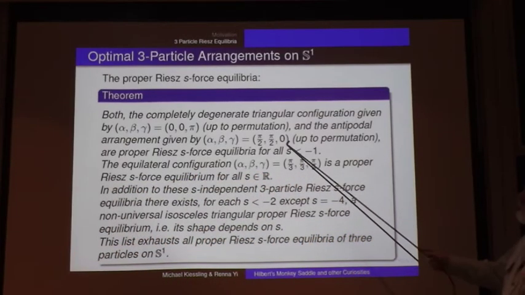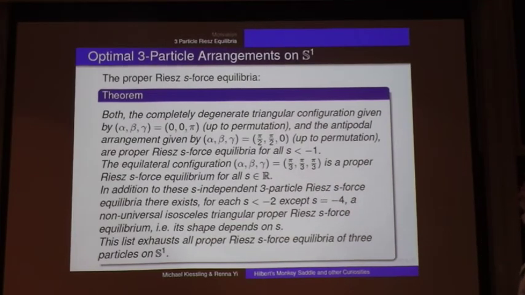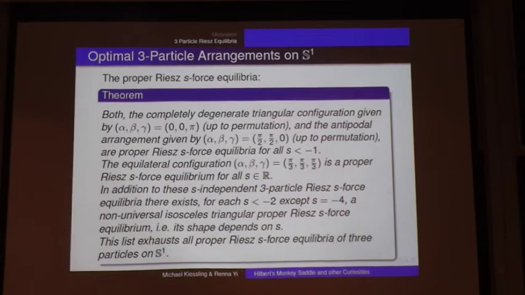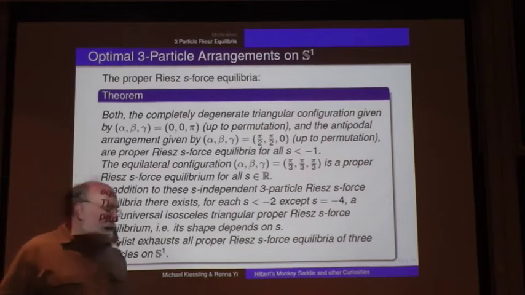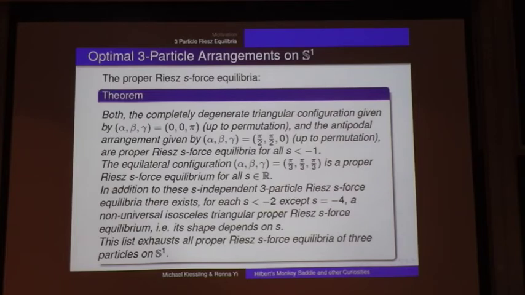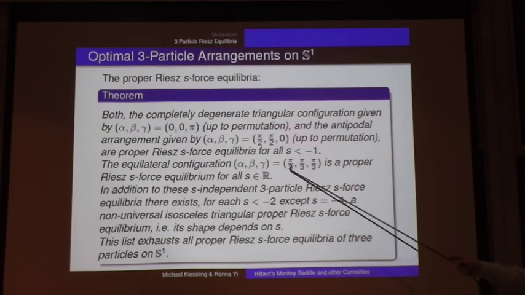But if gamma is 0, and you have pi half for alpha and beta, then 1 particle is at the north pole, and these 2 guys are sitting both at the south pole, so it's another degenerate configuration. It's also proper equilibrium. And of course, the equilateral configuration, all angles are the same, pi/3, is a proper Riesz equilibrium, and these are actually universal equilibria because they don't depend really on s.